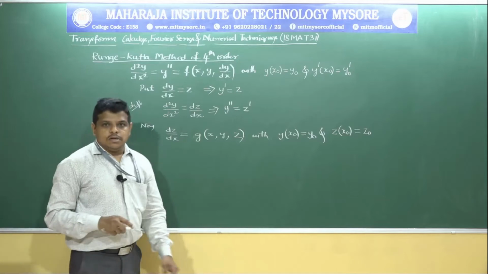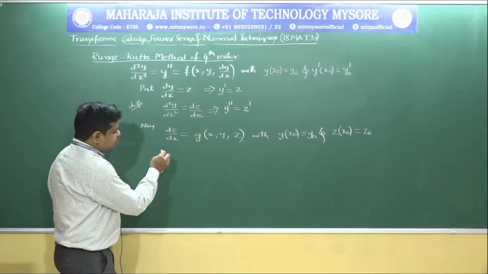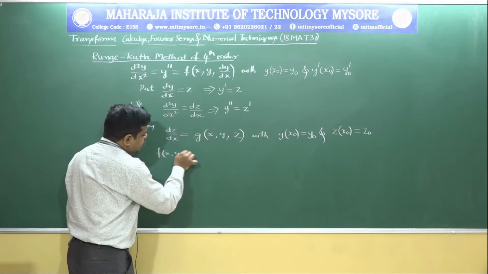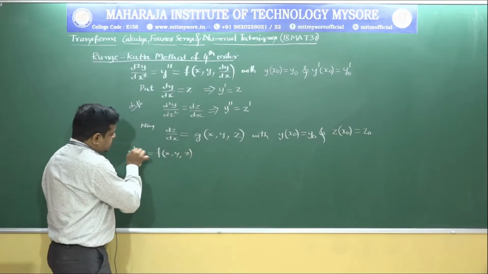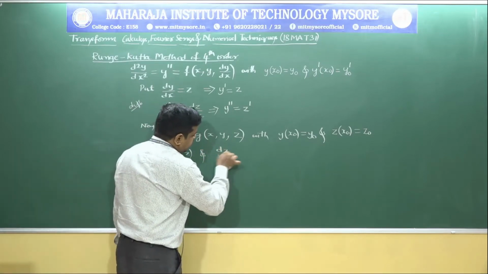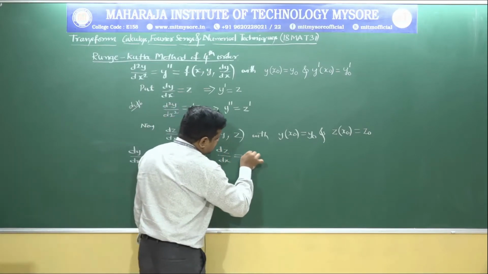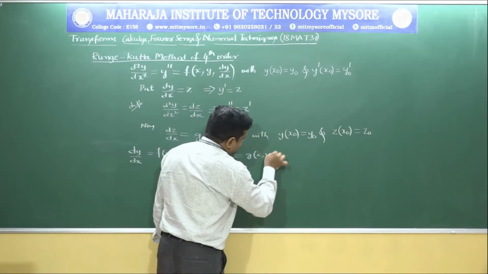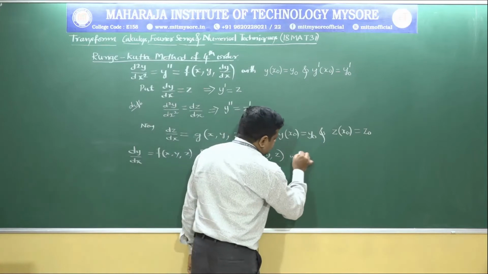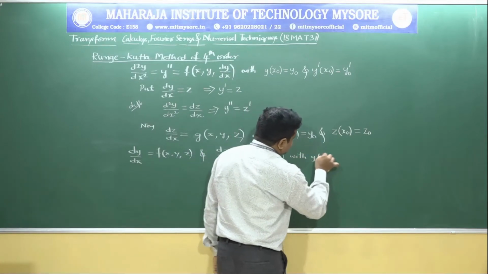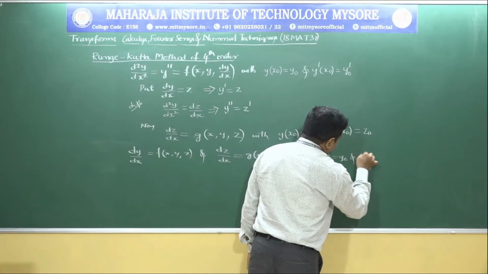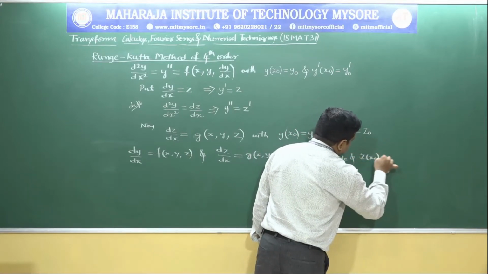Now we have two simultaneous differential equations of first order, that is f of x comma y comma z equals dy by dx and dz by dx equals g of x comma y comma z, with the initial conditions y of x naught equals y naught and z of x naught equals z naught.